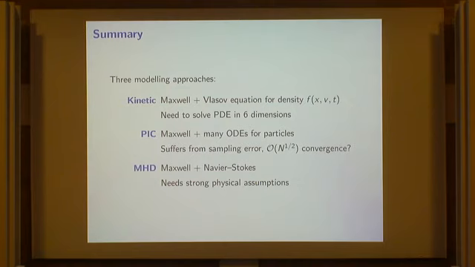Yeah, that's right. That is definitely one of the things that we need to do: have higher order schemes. For the electrostatic case, it's not that difficult to solve the Poisson equation to higher order, but with the Maxwell equations, that will be an issue.